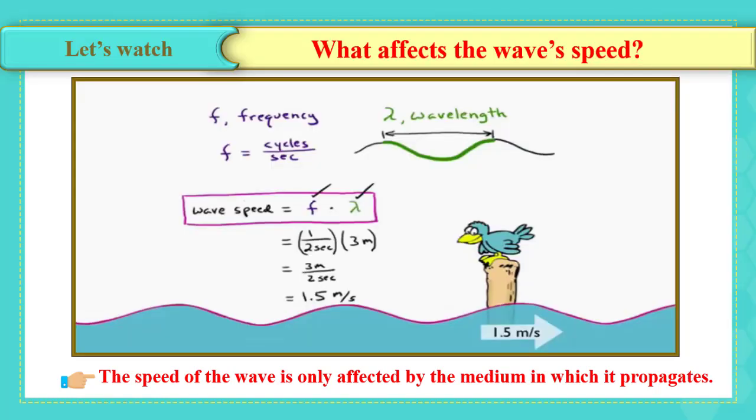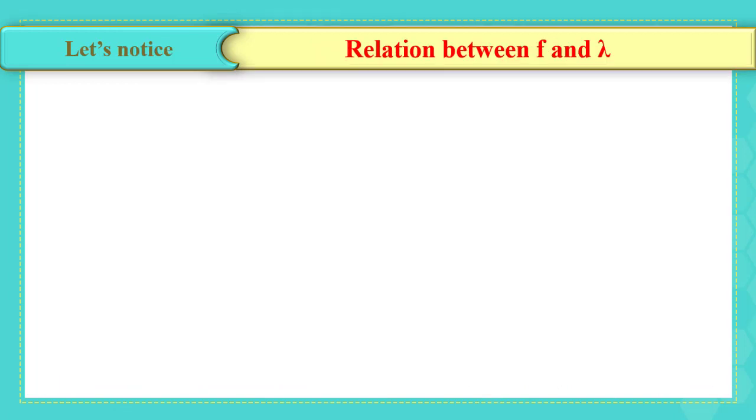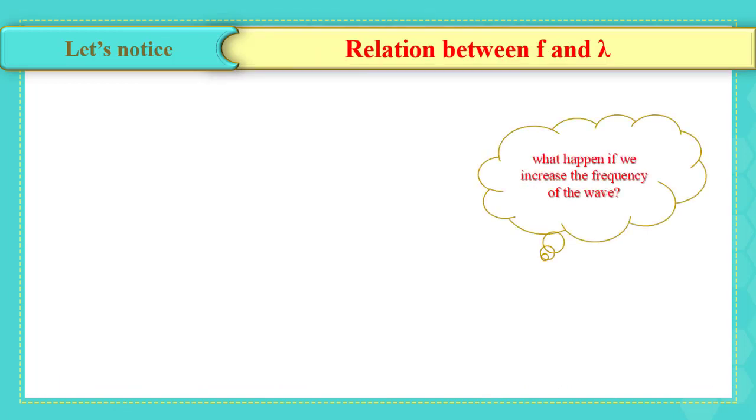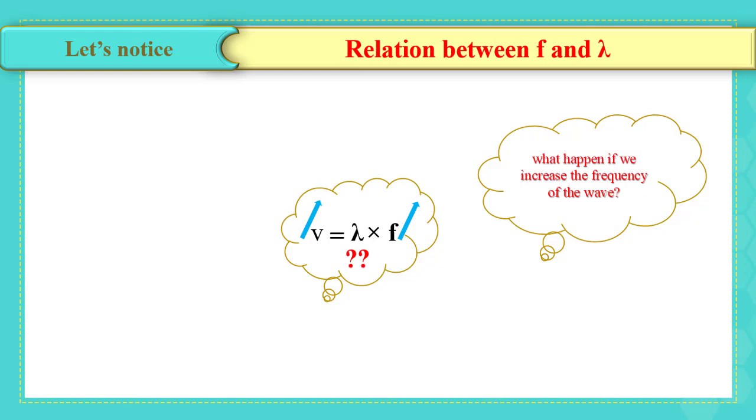This helps us in understanding the relation between f and lambda. Some may ask, what happens if we increase the frequency of the wave? They think that since v is equal to lambda times f, if f increases, then v increases. But what about lambda? Actually, this is wrong.